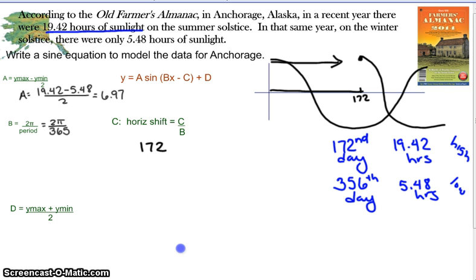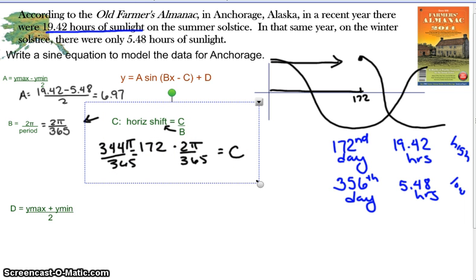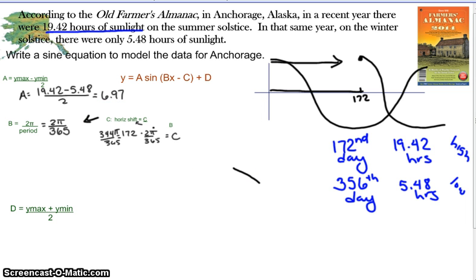I'm going to take that, multiply it by b, which I already calculated to be 2 pi over 365, and that's going to equal c. If I multiply 172 times 2 pi, I get 344 pi over 365. So here I've got all my information for C. I'm going to set that aside until I'm ready to write my equation.